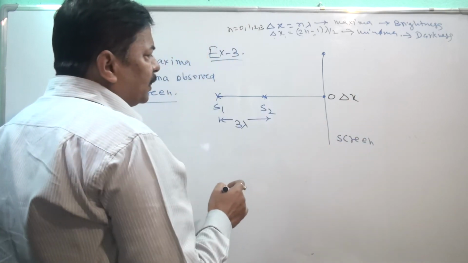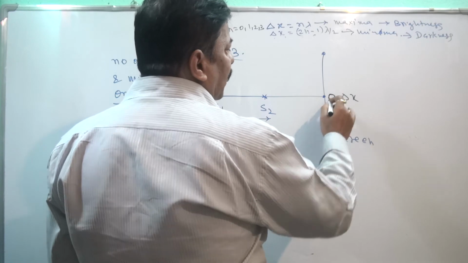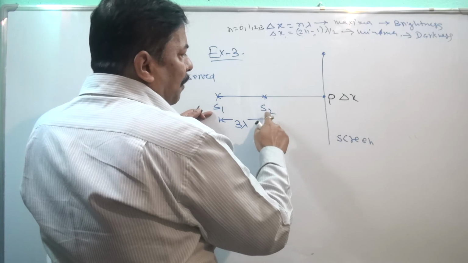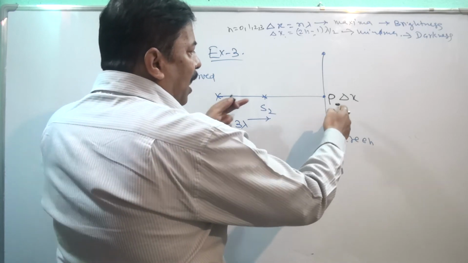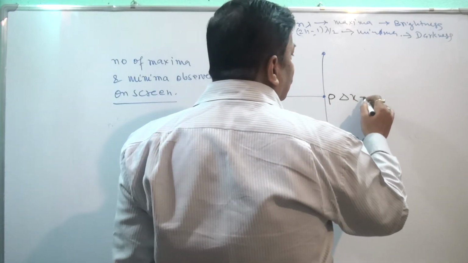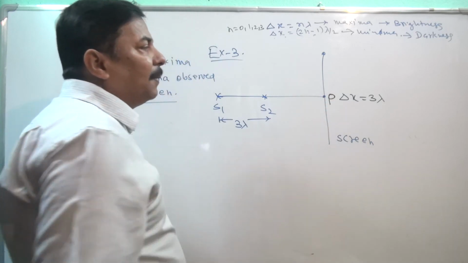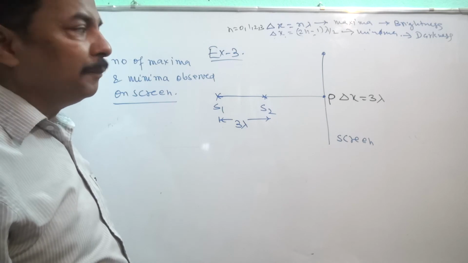Path difference is the distance traveled by this wave minus distance traveled by this wave. So this minus this gives you 3 lambda. At the center of the screen, the path difference is 3 lambda.